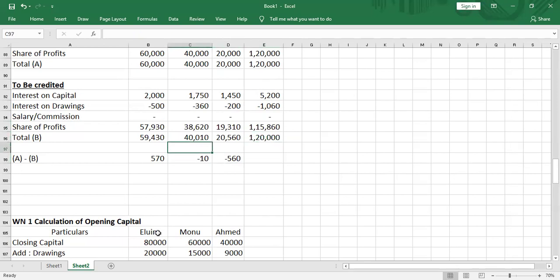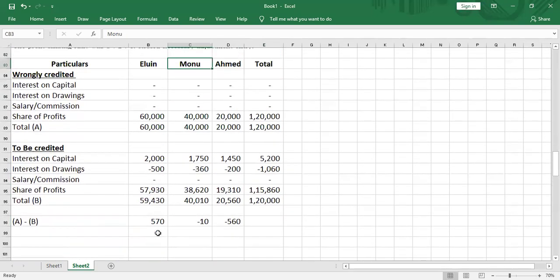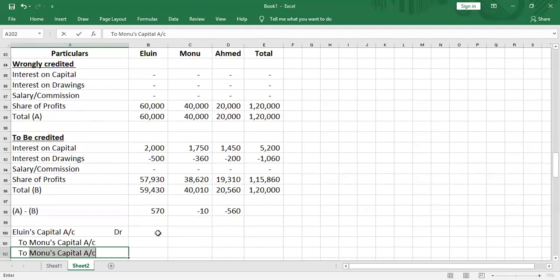So what we find is, as far as 11 is concerned, he's been wrongly credited 60,000. He was supposed to be credited only 59,430, and therefore 11 will be debited. And Monu and Nisha to be credited. Ahmed.